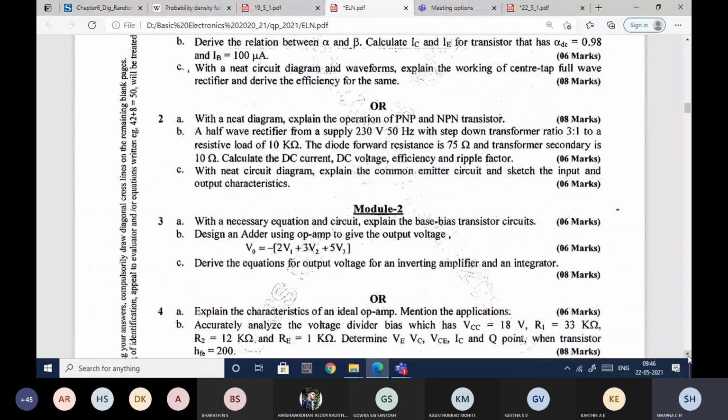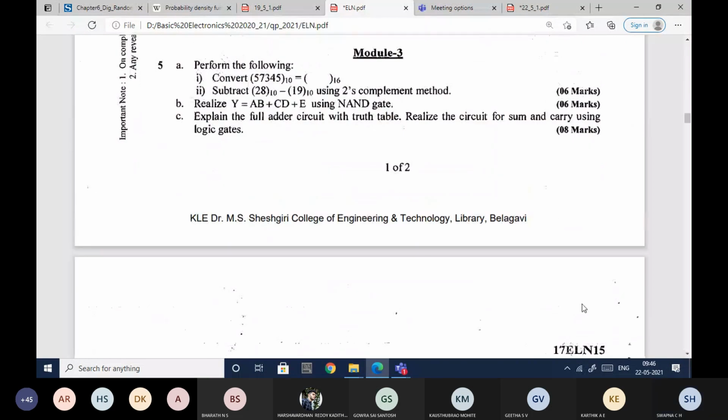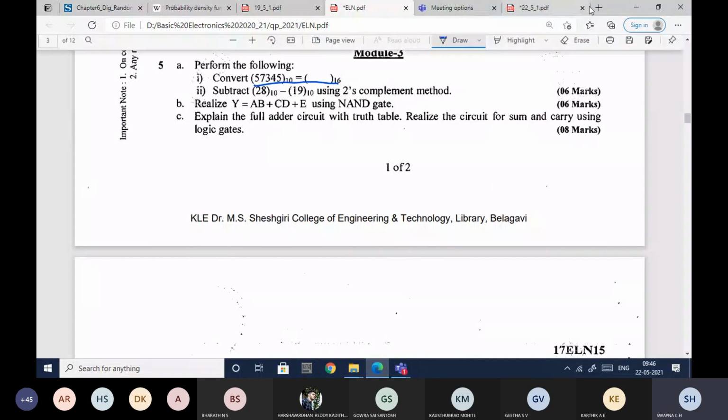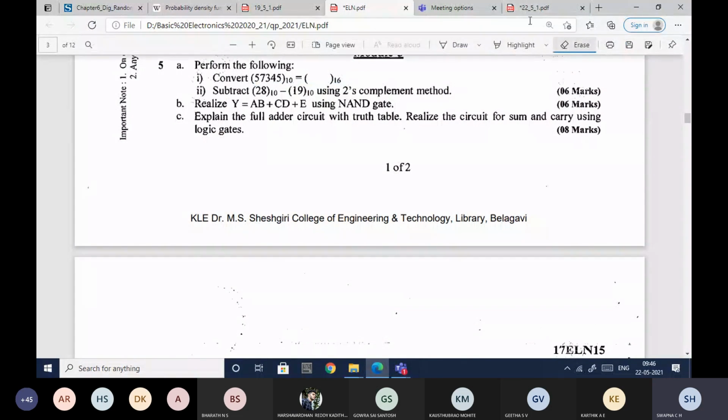I'll just go to the questions. This conversion: 575734 5 base 10 to base 16. You need to convert decimal to hexadecimal. What do you need to do here?